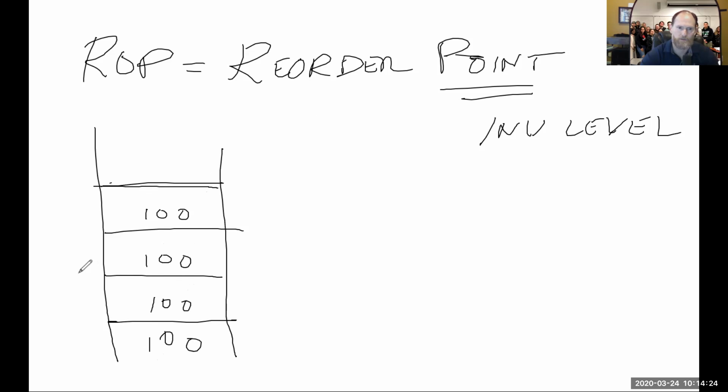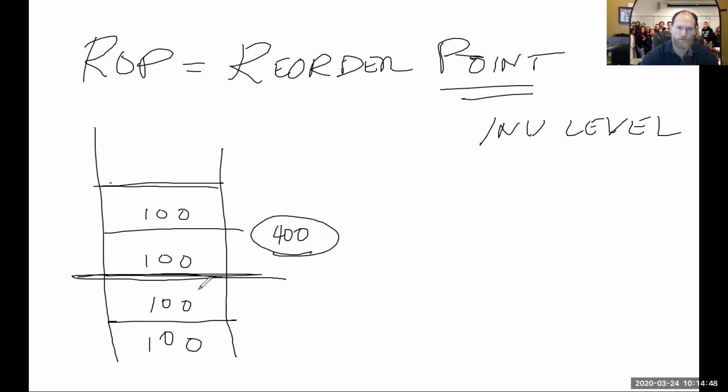Reorder point is something like this. So when I empty out the first shelf, I don't do anything just yet. When I empty out the second shelf, when the last box goes off the second shelf, I reorder. And in this case, I would reorder 400.